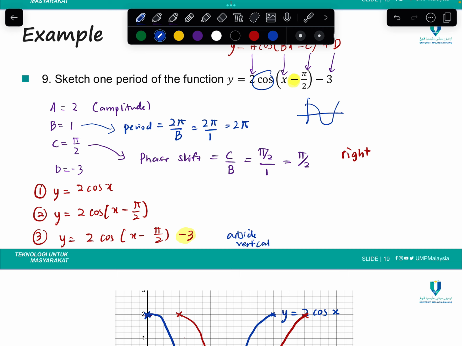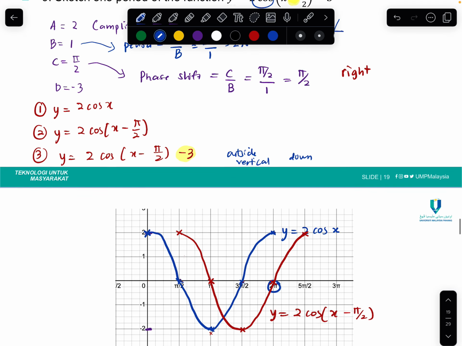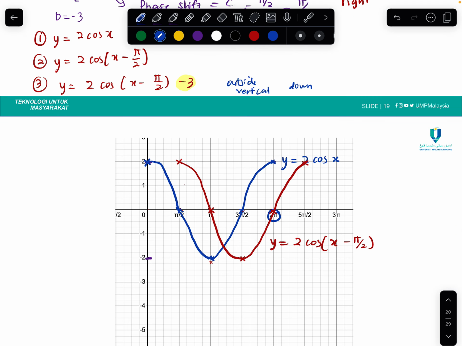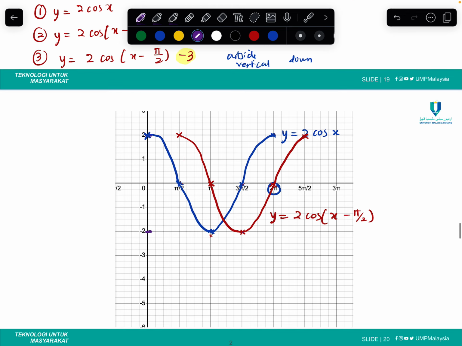So based on this operation, minus represents going down. So we need to push the graph by 3 units, okay? So based on the red graph, the current one, initially when you have this point, it will move by 3 units.